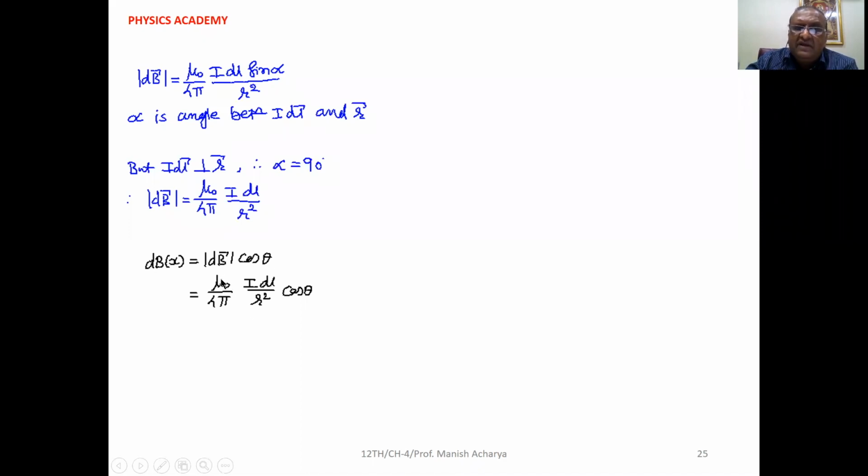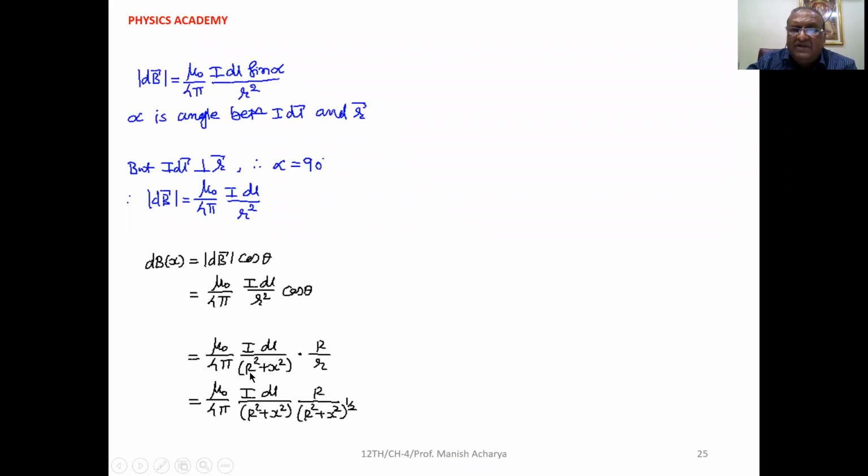So we can write mu 0 upon 4 pi I dl upon r square into cos theta. Now for r square we can replace by capital R square plus x square, and cos theta is capital R by small r.